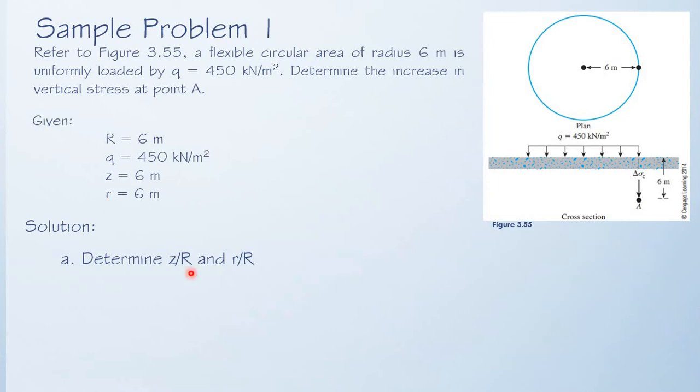First, we are to determine the value of z over capital R and the small r divided by capital R. So z over R, that is 6 meters over 6 meters, is equal to 1. Small r over capital R, that is 6 meters also divided by 6 meters, and the value is also 1.